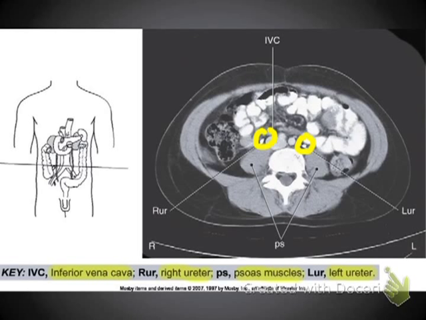And if you look at the relationship with the psoas muscles, the left one tends to follow what we said a little more closely than this right one does based on this image. But either way, notice how they are more medial and they're anteromedial to the psoas muscles.